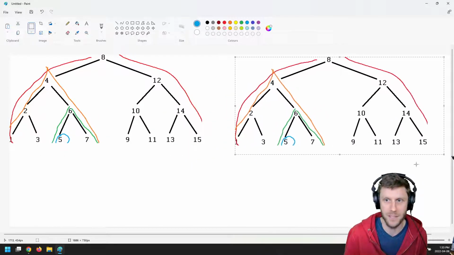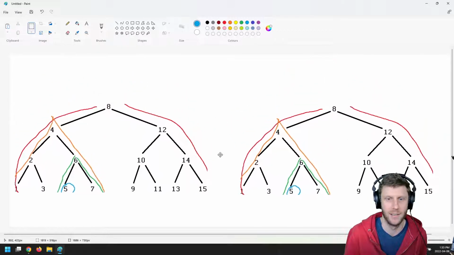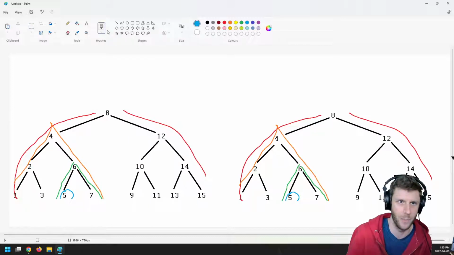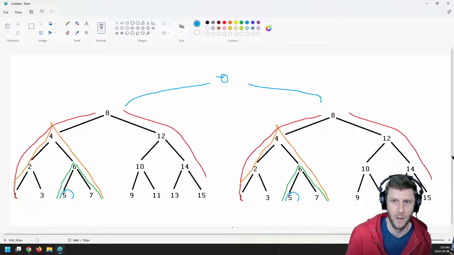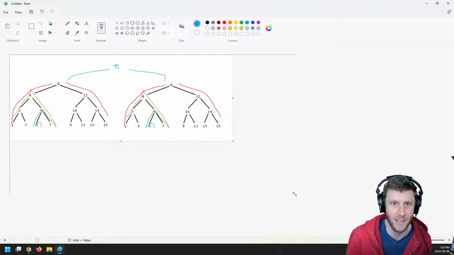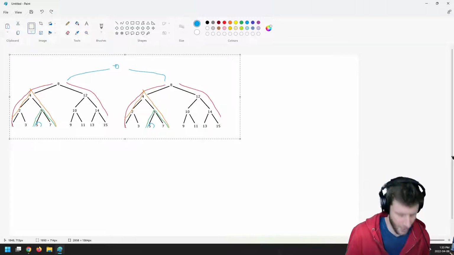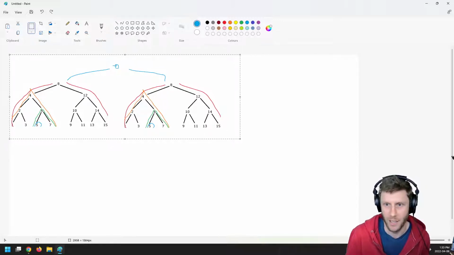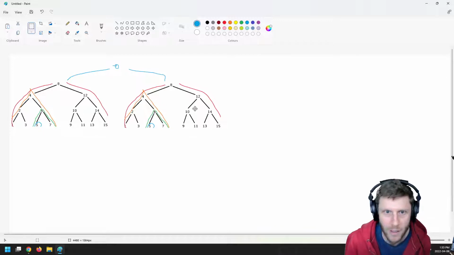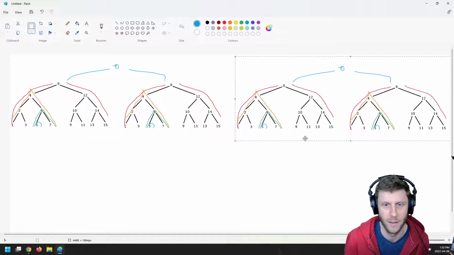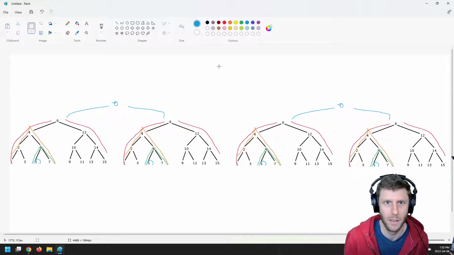Remember, this pattern is now obviously not an ordered binary search tree anymore. Ignore the numbers here. But I could keep doing this and grow this forever. And then we have another thing.